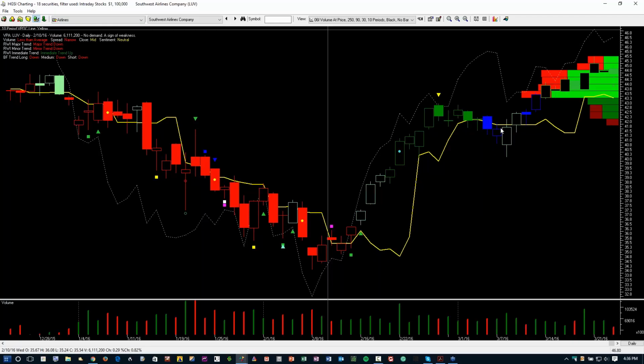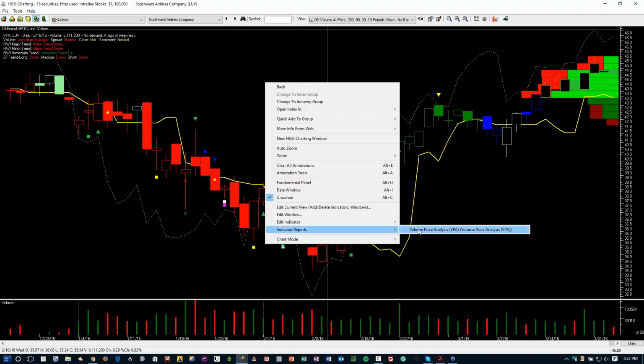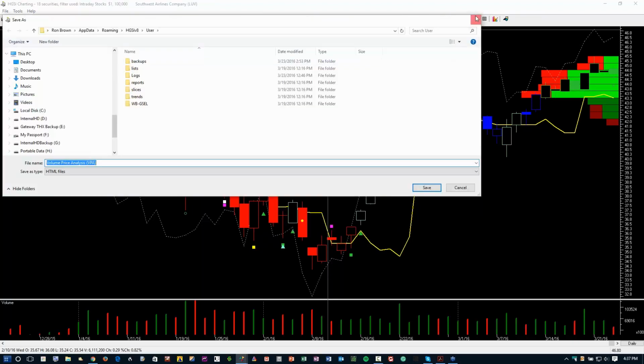And I do think the VPA and the volume at price, and yes, all these indicators start with V, and it starts to get confusing after a while. But the volume price analysis, the idea that the volume influences the way the stock trades, is really connected to this volume at price.